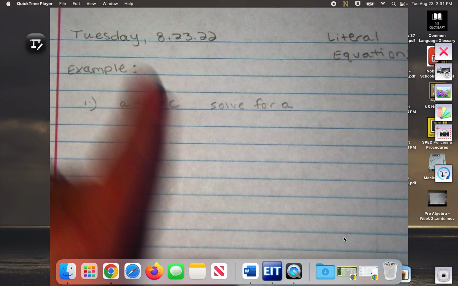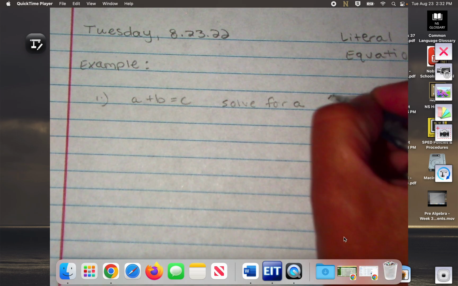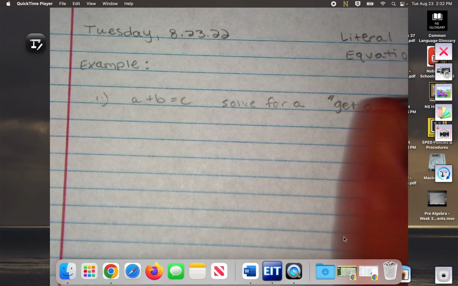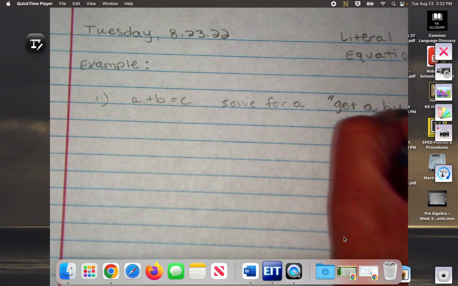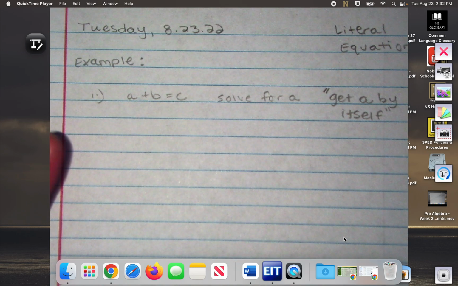So I have A plus B equals C. I want to solve for A. That means I want to get A by itself. Okay, so if I want A to be all by itself, what do I have to do to the B value? Zane? Subtract it.